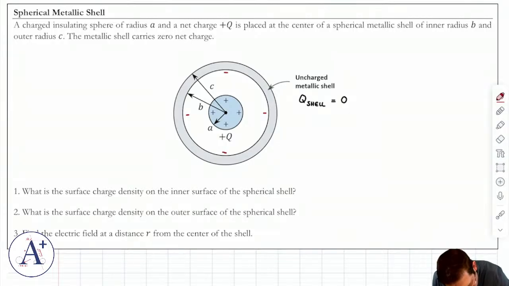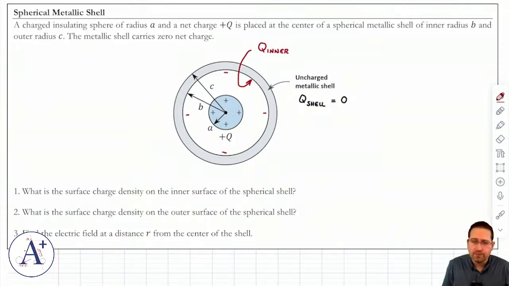And all of a sudden, you will have a certain amount of charge on the inner surface. Let's call it Q inner. But with the same reasoning, the positive sphere in the center is going to repel the positive charges within the shell to the outer surface. And so now you're going to get Q outer.